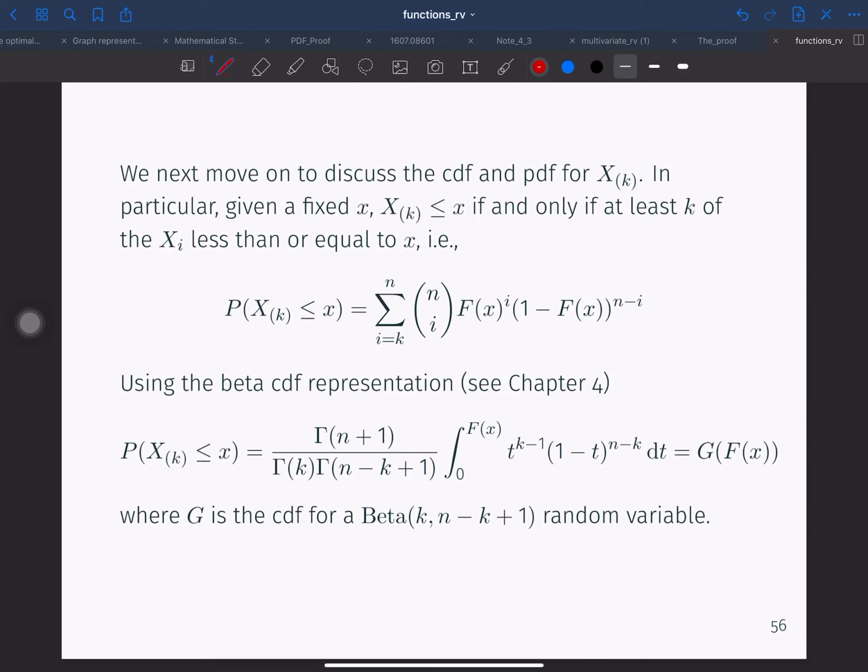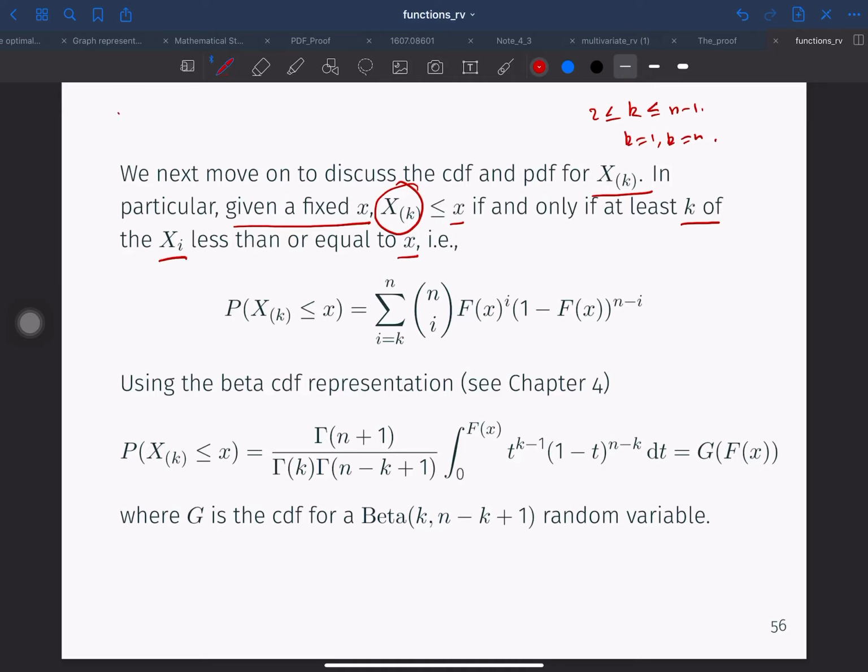Okay, so let's just move on and talk about the CDF and the PDF for, say, X_(k) for some fixed k, for say 2 less than or equal to k less than or equal to n minus 1. Because we already talked about the minimum and the maximum, which is k equal to 1 and k equal to n. So now, using the same trick, given a fixed value x, the kth order statistic, the kth smallest value, is less than or equal to x if and only if at least k of the X_i are less than or equal to x.